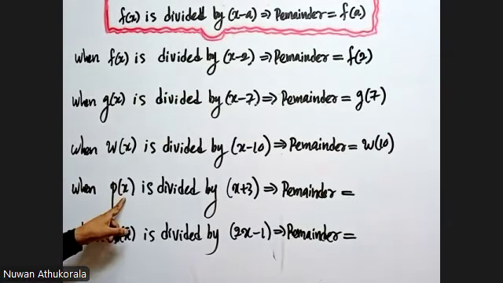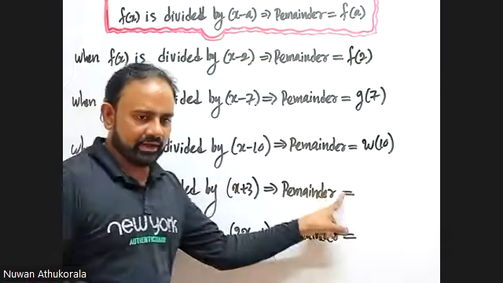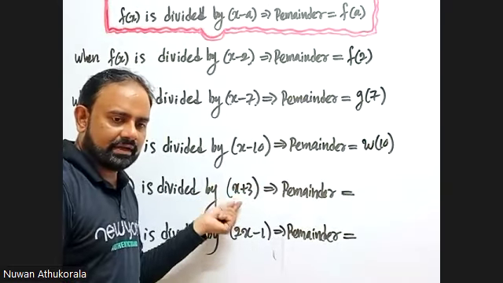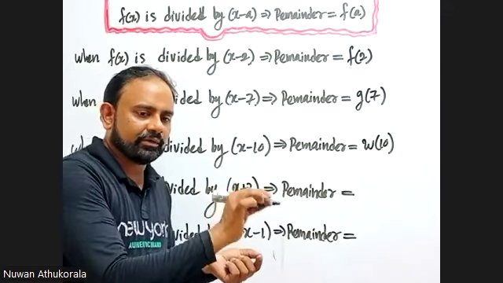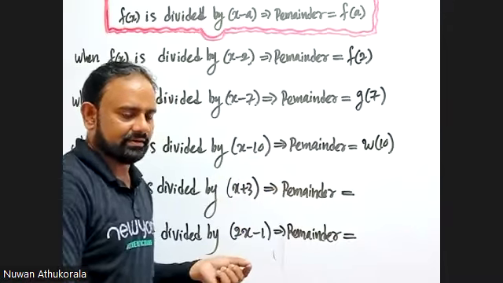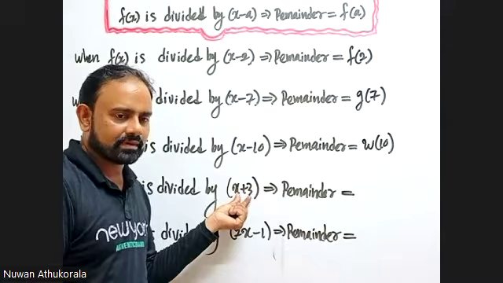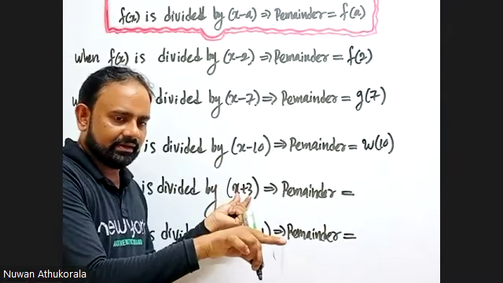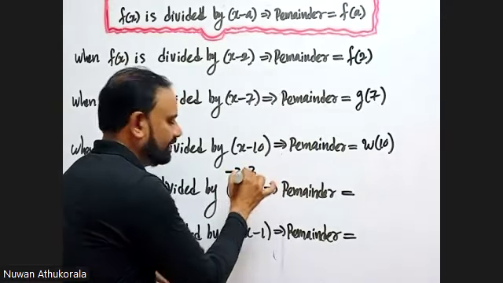When p(x) is divided by x plus 3, what is the remainder? Check the divisor x plus 3. If we substitute x equal 3, x plus 3 becomes 6. If we substitute x equal minus 3, x plus 3 becomes 0.